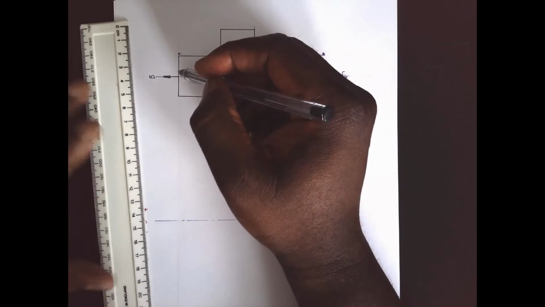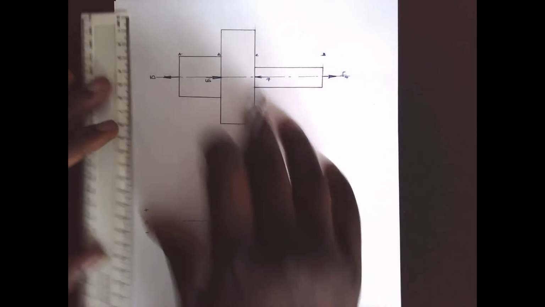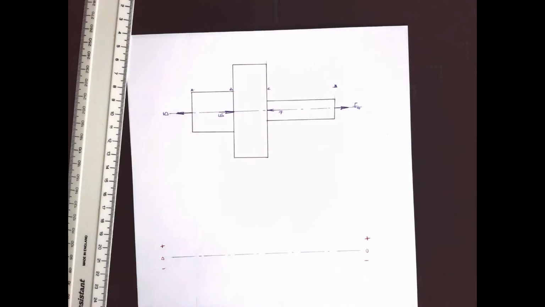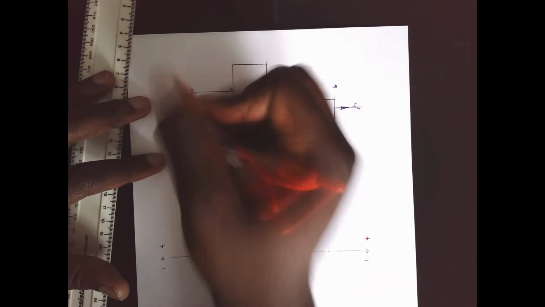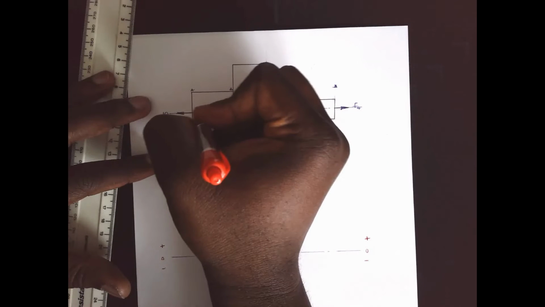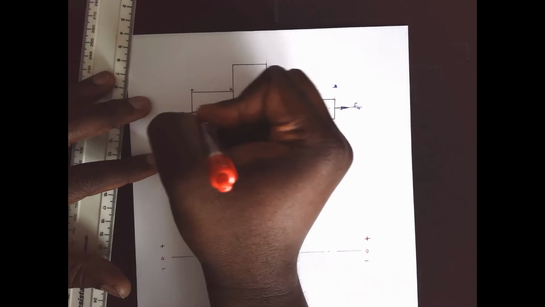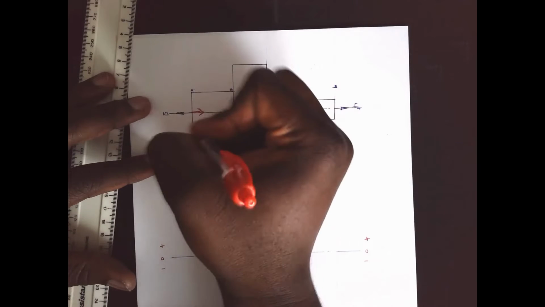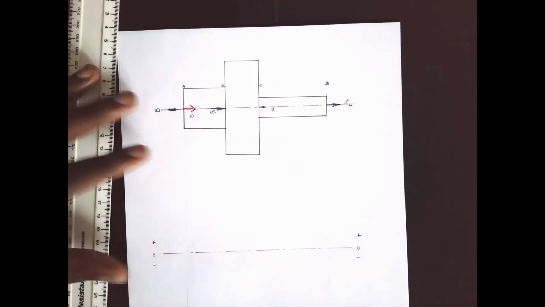Thus, the force acting at the interface A will be 10 kilonewtons. But since that's going to counter, that's going to be a compressive load. The internal loading will be compressive to balance the force at the intersection there. So that will also be 10 kilonewtons.